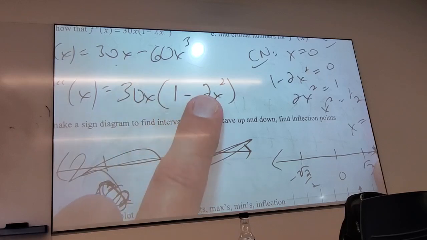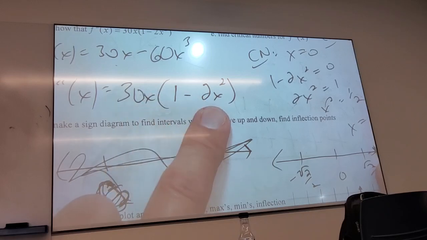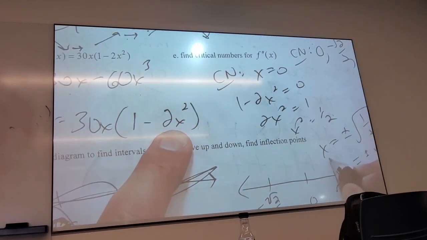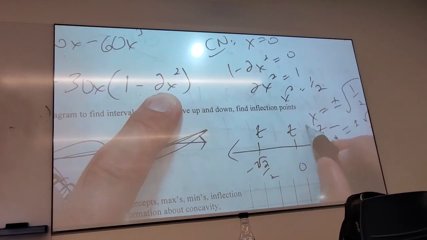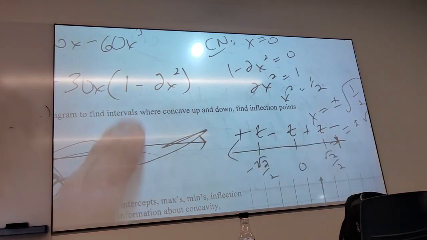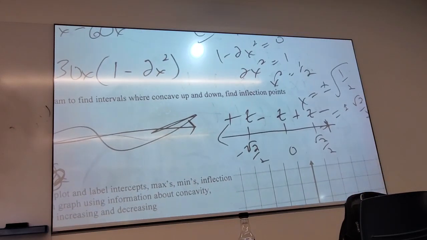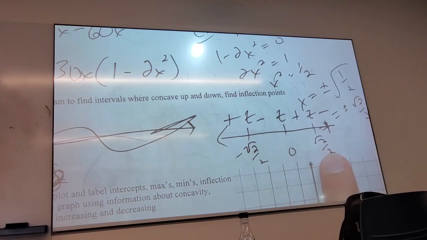Positive times 1 minus twice 10 squared is negative. That's all I care about. Positive times negative is negative. So it's, let me put zeros up here. So it's negative. Everything's multiplicity 1, so it just changes sign, changes sign, changes sign, changes sign. That's the power of multiplicity. If you don't like multiplicity, then get a number between 0 and rad 2 over 2 and plug it in.